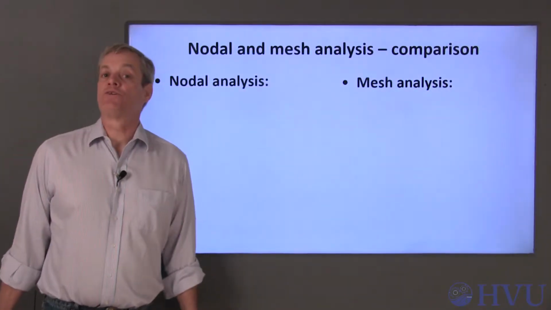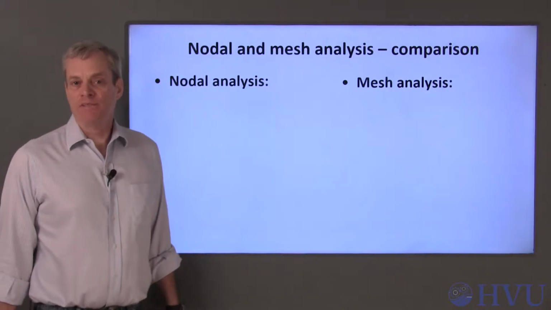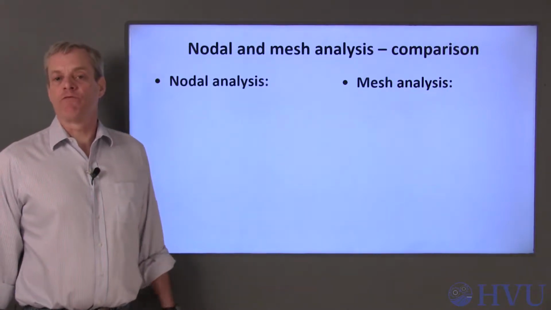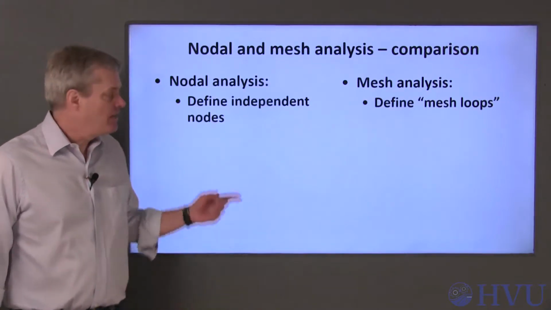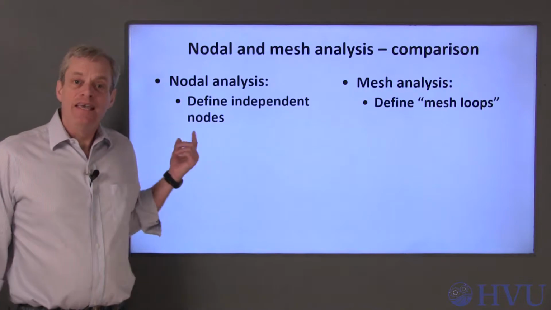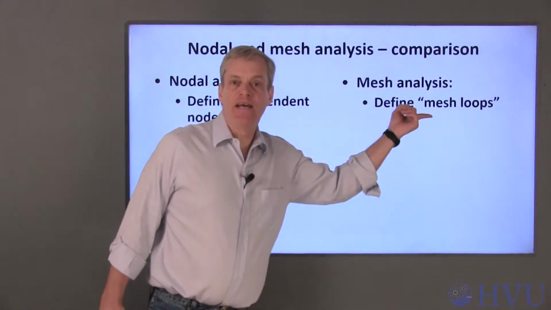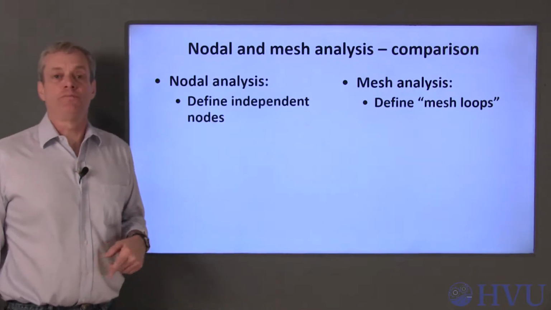Nodal and mesh analysis are duals of one another. Roughly speaking, this means that they have similarities but within an opposite framework. In nodal analysis, we define independent nodes and our unknowns are the voltages at these nodes. In mesh analysis, we define mesh loops and the unknowns are currents going around those loops.